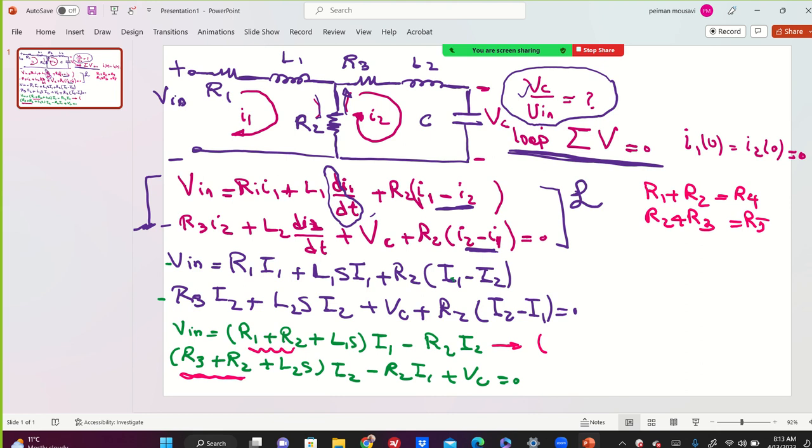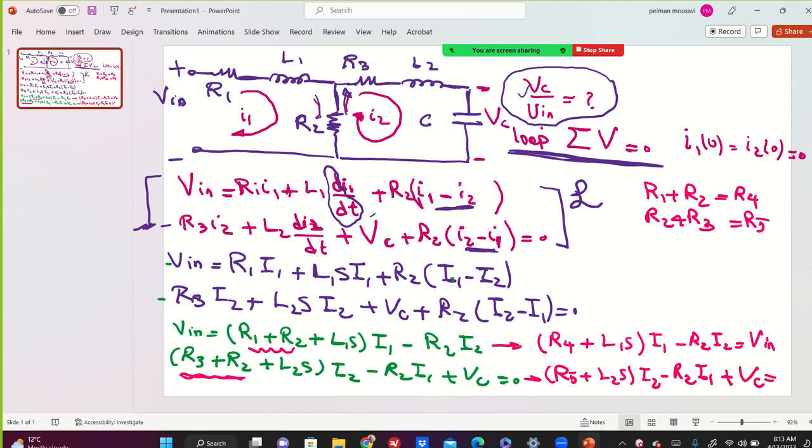You can write (R4 plus L1 S) I1 minus R2 I2 equals Vin, and here you have (R5 plus L2 S) I2 minus R2 I1 plus Vc equals 0.